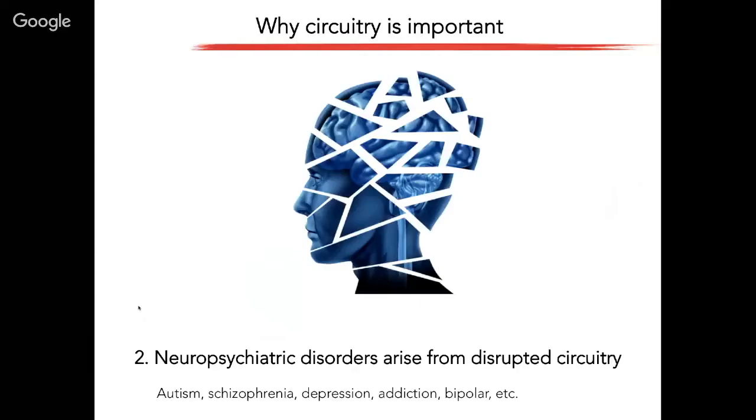And then the other really immediate need for understanding circuits is that most neuropsychiatric disorders arise from disruptions of neural circuitry. Autism, schizophrenia, depression, addiction, bipolar disorder, many of them are probably, in large part indeed, caused by disruptions of either structural or functional circuitry.